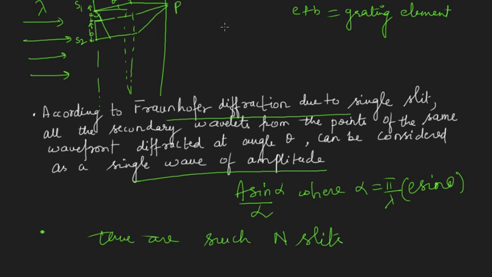From every slit I have one wave whose amplitude is A sine alpha by alpha. I have n such waves. So what will I do? I will just take the superposition of these n waves, and I'll get the resultant intensity. That also I have done earlier. I know the resultant of n waves if I know the phase difference between two.